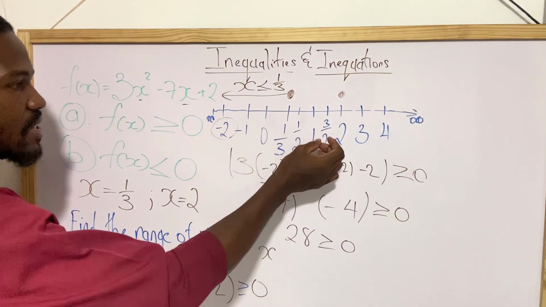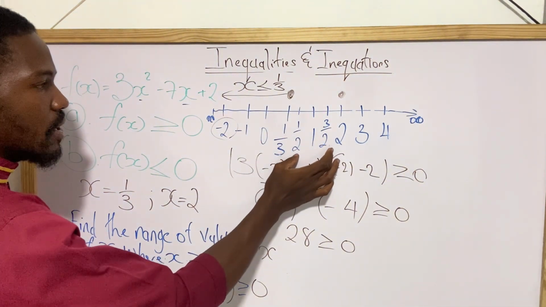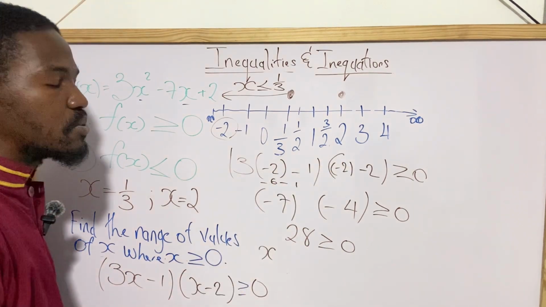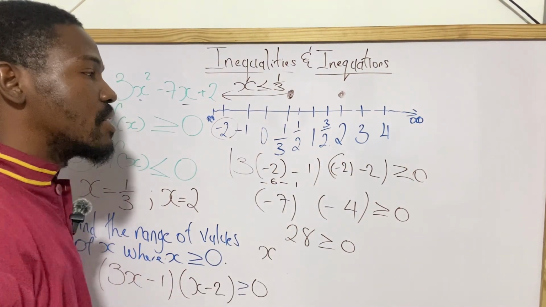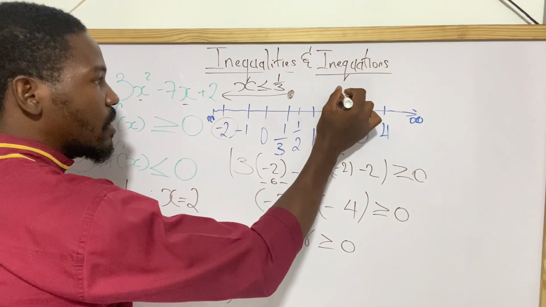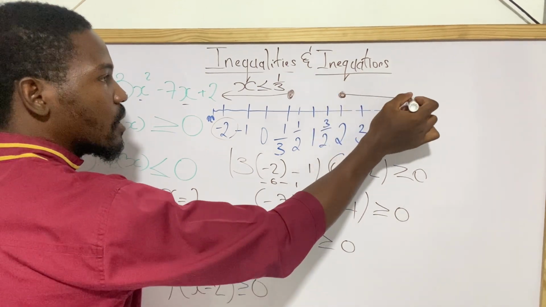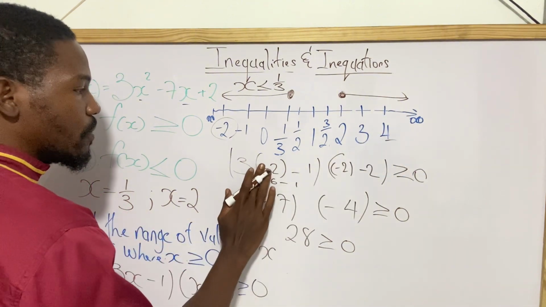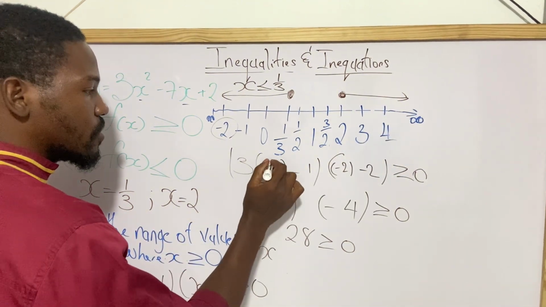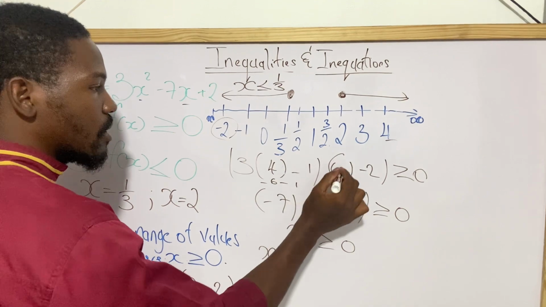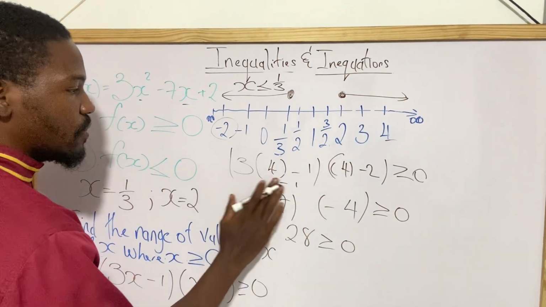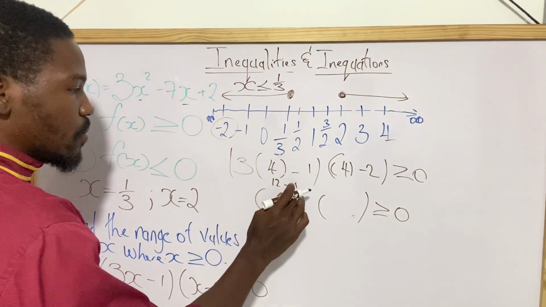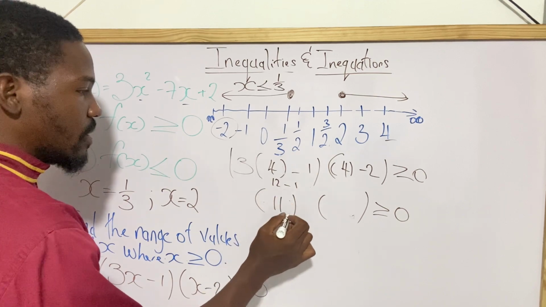Now, when we look here, as I said before, we can't use any number that is in between a third and 2 because we literally just tested that. So it's obvious that we don't even have to put in any number here, but we could use a number like 4. If we were to choose 4 here and 4 here, 3 times 4 is 12. Plus 1, that's going to give me 11, right?